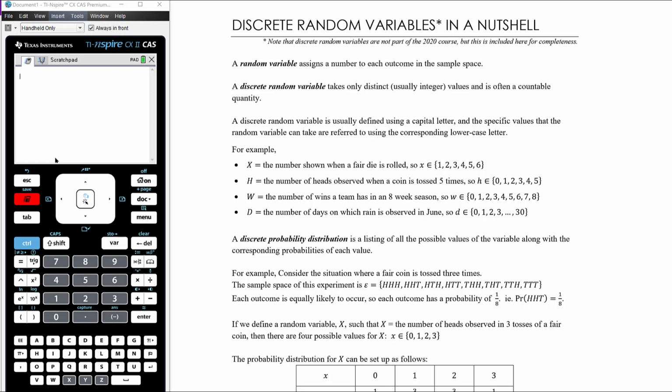The distinction between a discrete variable and a continuous variable is that discrete is usually a countable quantity: the number of people with red hair, the number of times I observe a head, the number of 6s I see when I roll the dice, the number of red cars that drive down the street today, whatever it might be.